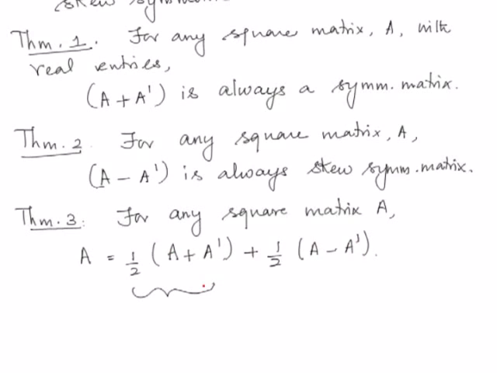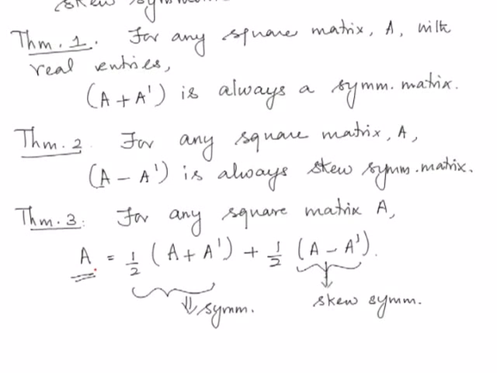So, this part, that is the first term, is a symmetric part, and the other term, which is A minus A dash, is a skew symmetric part. So, we have expressed A as sum of symmetric and skew symmetric matrices.